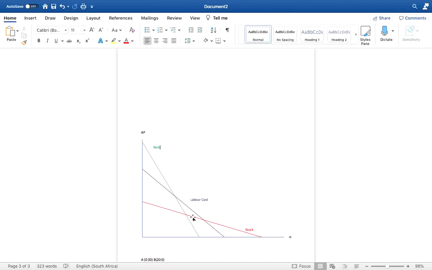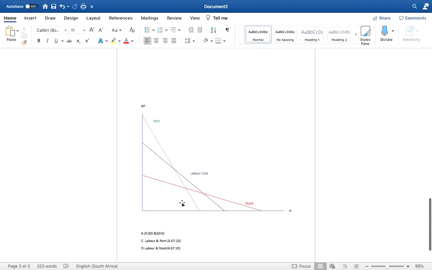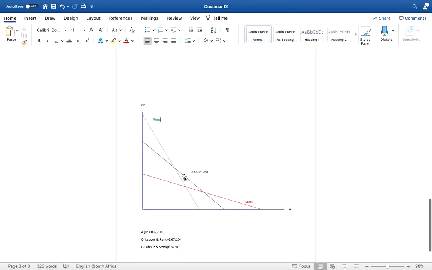And then C is the intersection between labor and rent, so it's gonna be here. And then D is the intersection of labor and stock. These are your coordinates here.